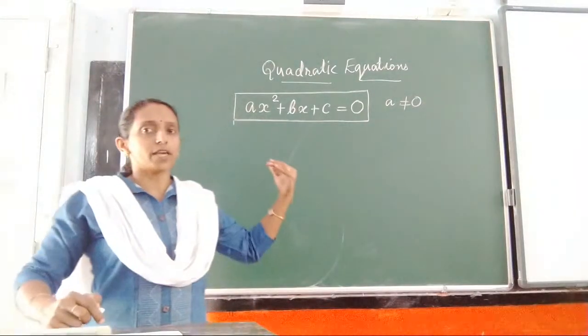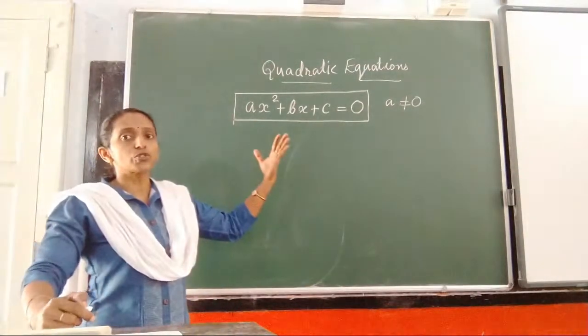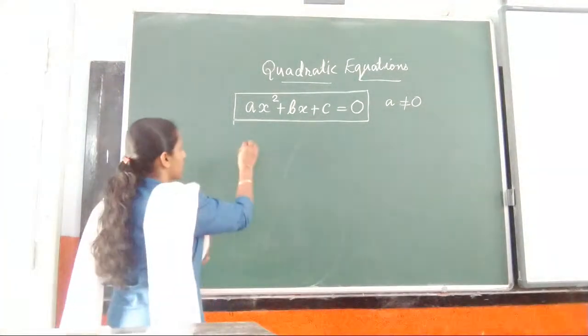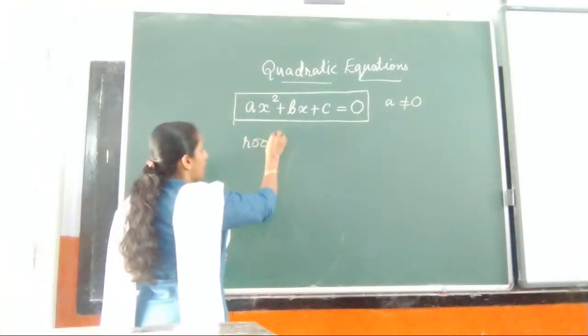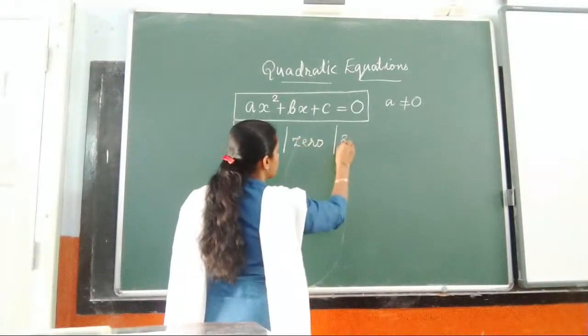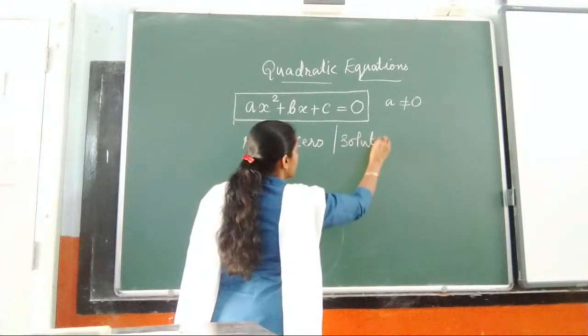So all these terms we will see in this chapter. First of all we are going to see the roots of a quadratic equation. What do you mean by root of a quadratic equation? Root, or another name given, zeros or solution. These are all one term only.